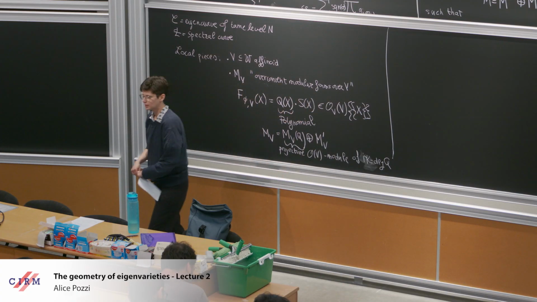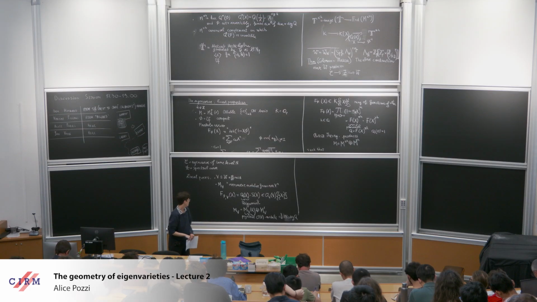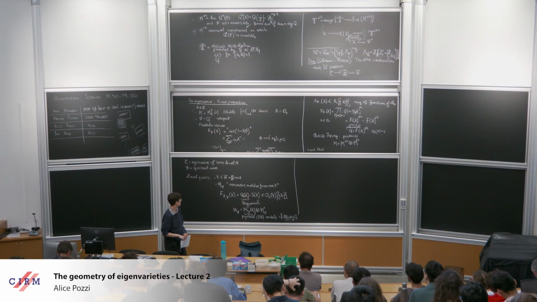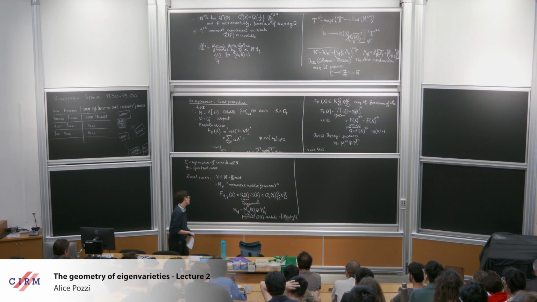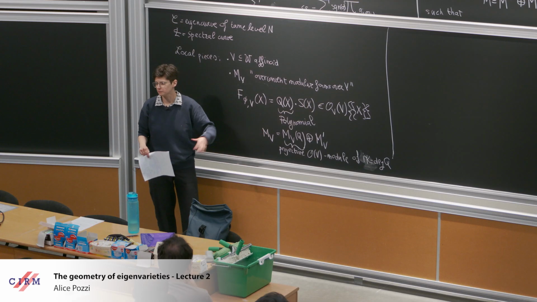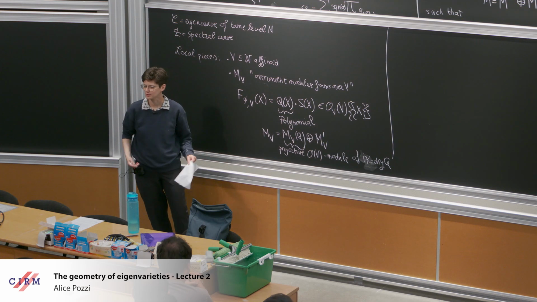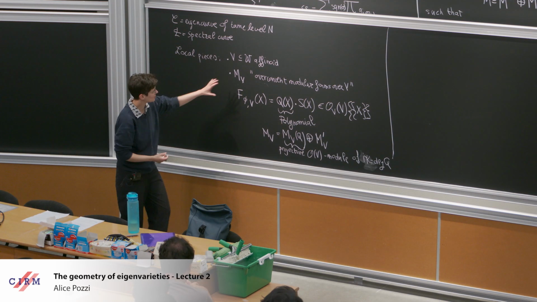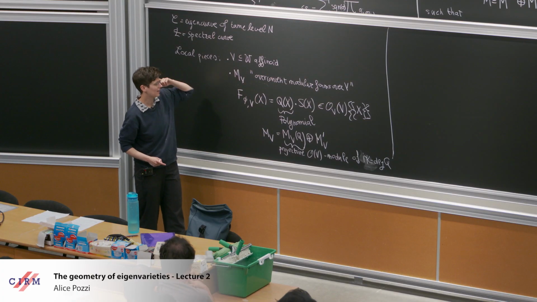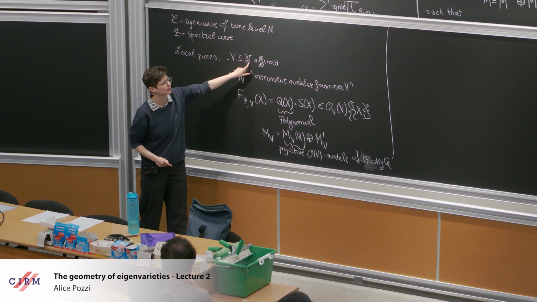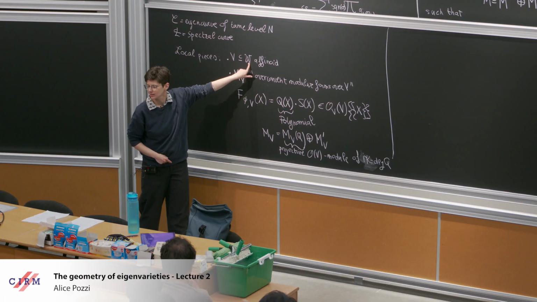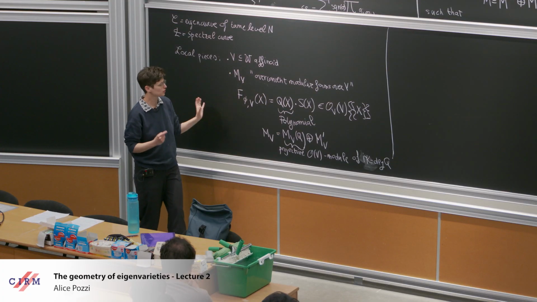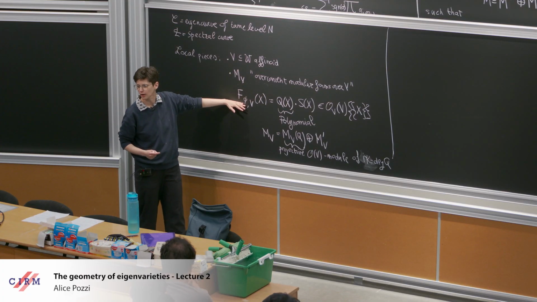Yes? What is H? Oh, yeah, so there is a lot of lies built into this way of presenting the whole thing. In practice, this construction is local, but not local on the basis.